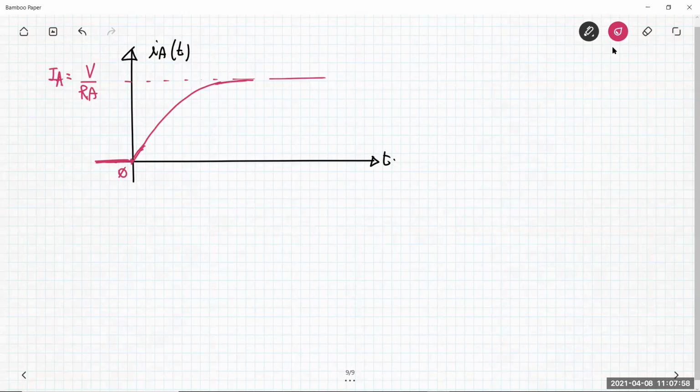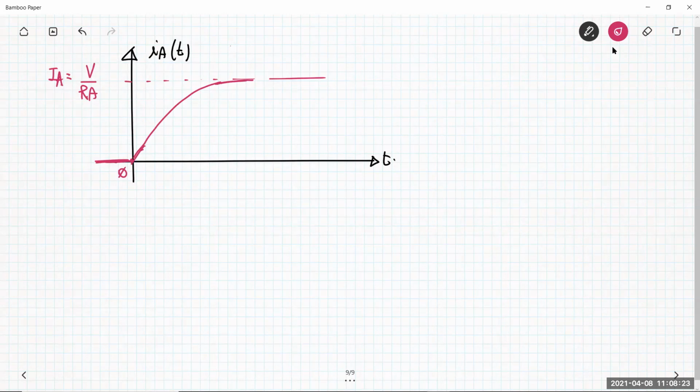As you can see, a certain time interval is needed for the current to move from 0 to the static value, which is the value of the current when the phase is fully energized.